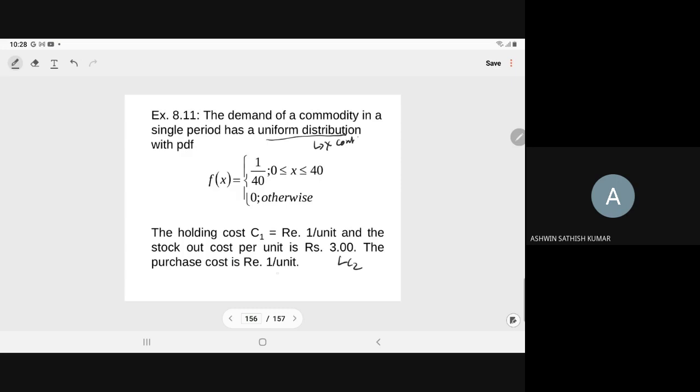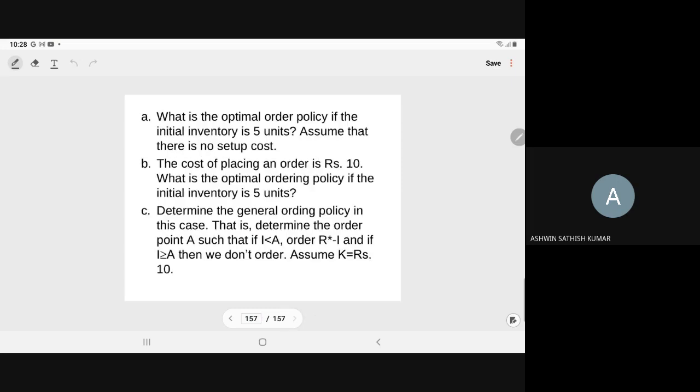The purchase cost is rupee 1, that is the C naught. Then what is the optimum ordering policy if initial inventory is 5 units, that is the I. Assume that there is no setup cost. If there is no setup cost, that is model 7. So when we have model 7, what ordering policy do we say?